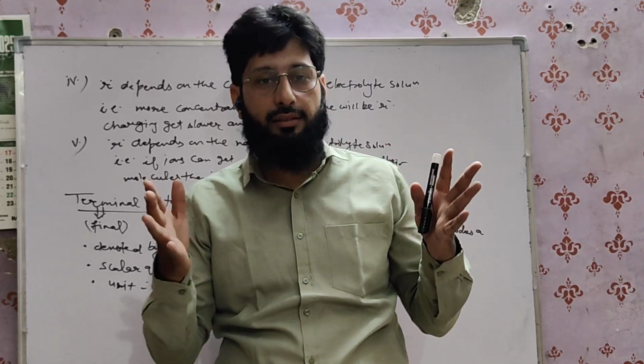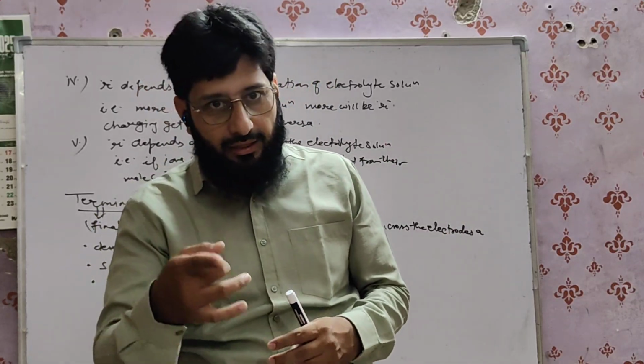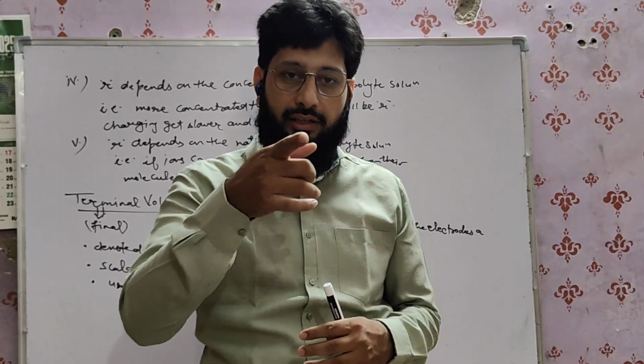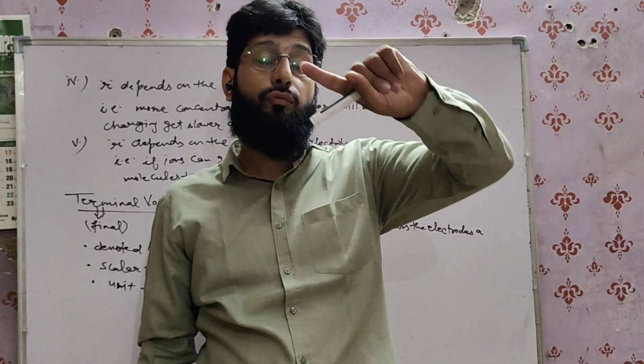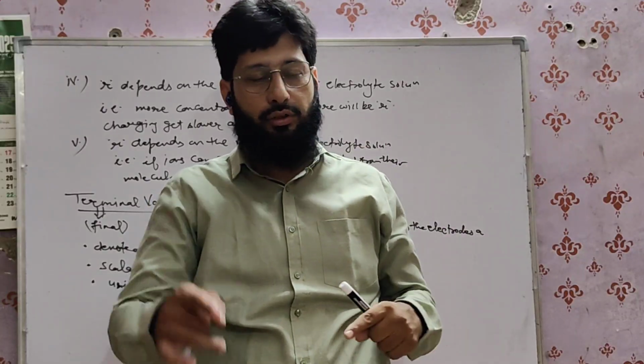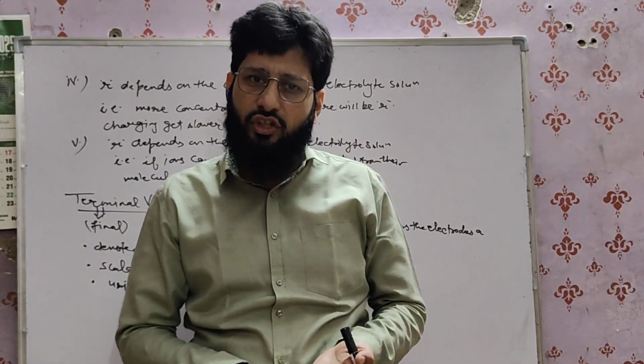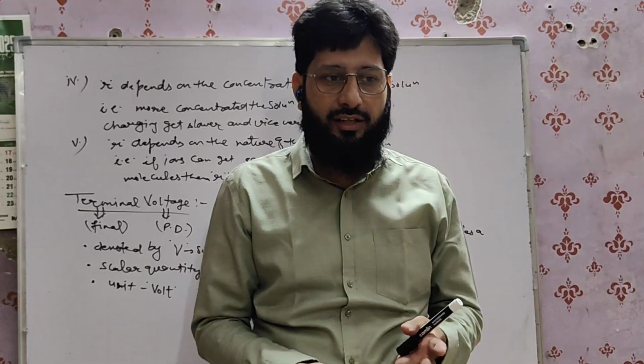Okay, so when the circuit is closed, electrons get a new, outside path to go from one electrode to another. They will go, because there is a potential difference. What is basically a potential difference?